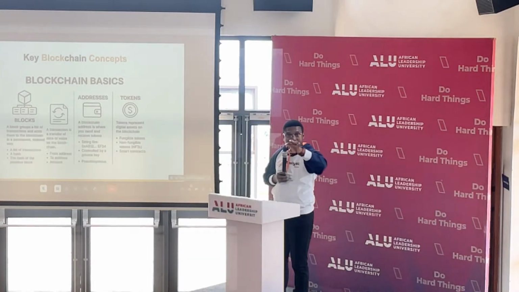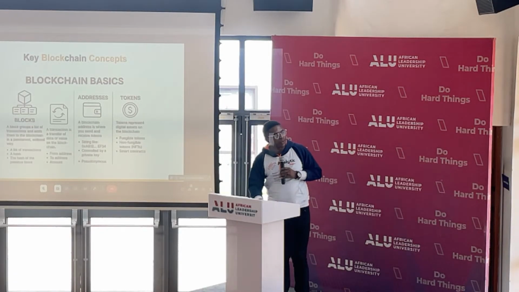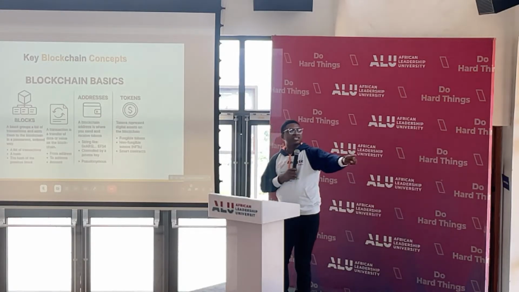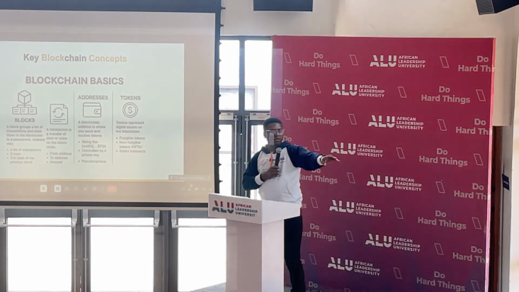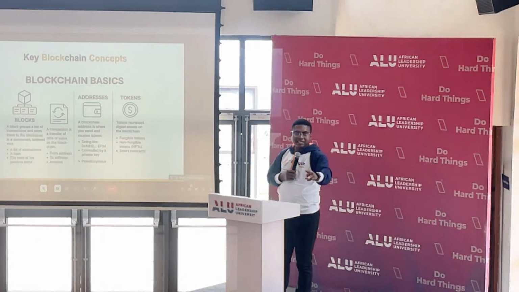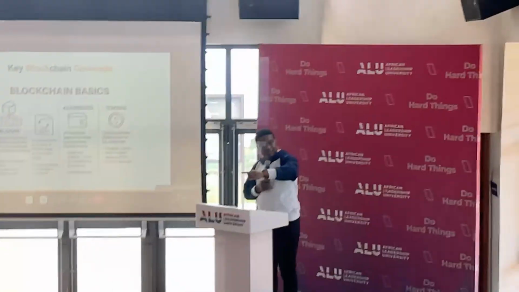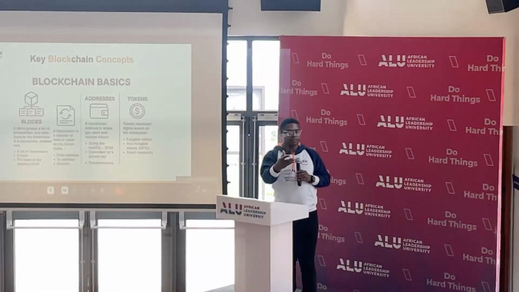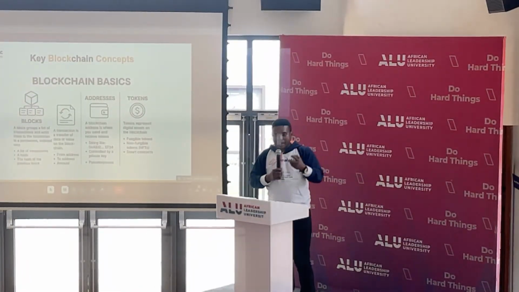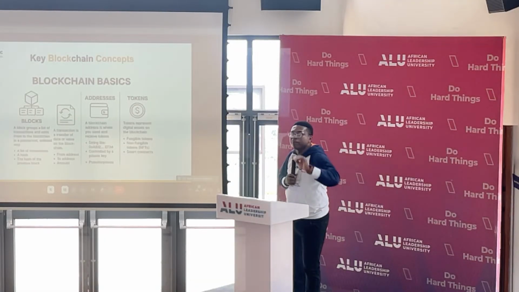Their details will be on the receipt, right? So in the list of transactions, a transaction contains a from address, which is the sender, meaning where it is coming from, and a to address. So I'm sending Bitcoin to this young man here.